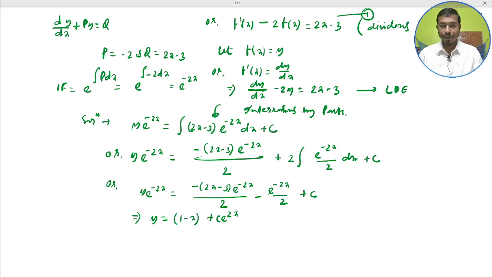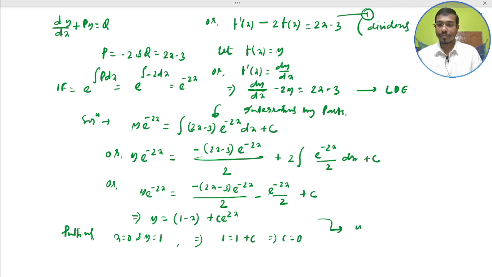Now putting in the boundary condition, x equal to 0 and y equal to 1, you get 1 equal to 1 plus c, or c equal to 0. So the solution becomes y equal to 1 minus x.